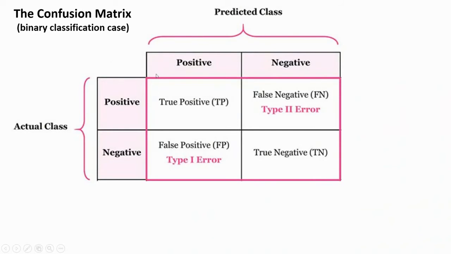Suppose a classification case, and you are addressing the binary classification case, which is the simplest one. For the sake of simplicity, assume that you have 2 classifications, one is positive, one is negative.